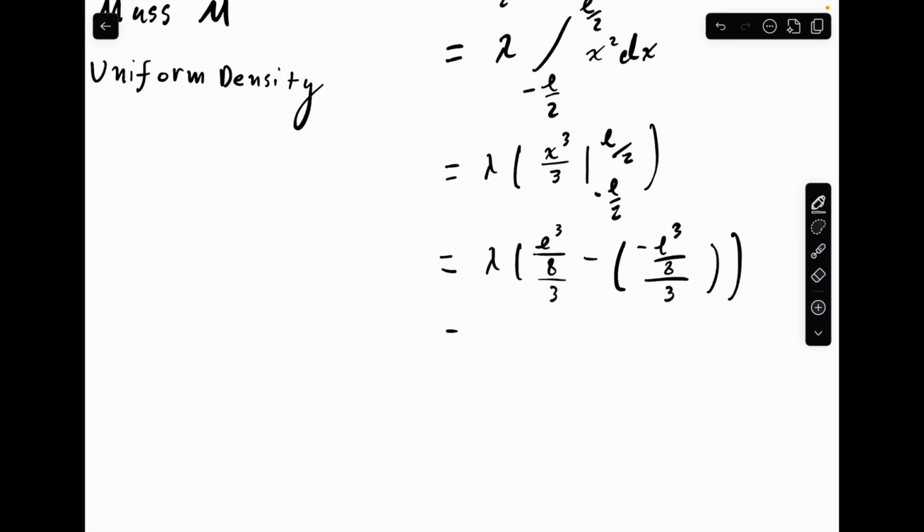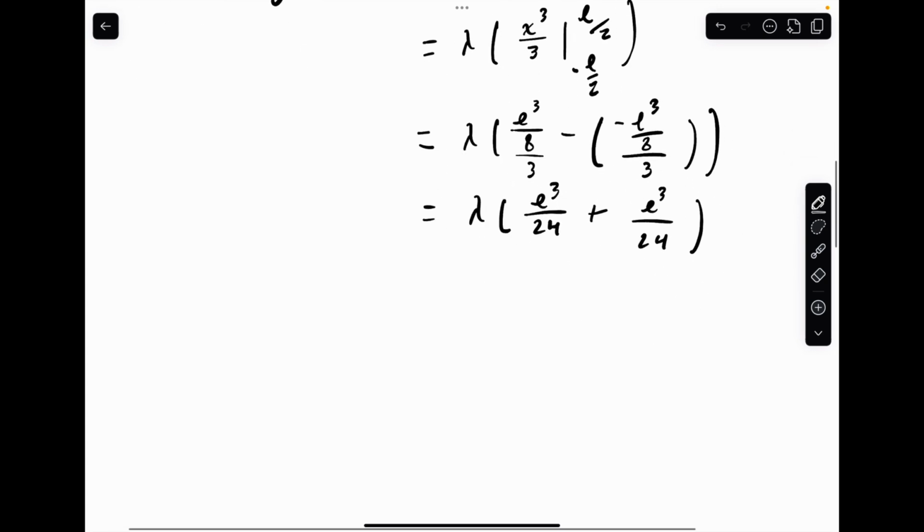And I'll just clean this up a bit. Lambda times L to the third divided by 24 plus L to the third divided by 24, because negative negative makes a positive. Now this becomes lambda times 2L to the third divided by 24.